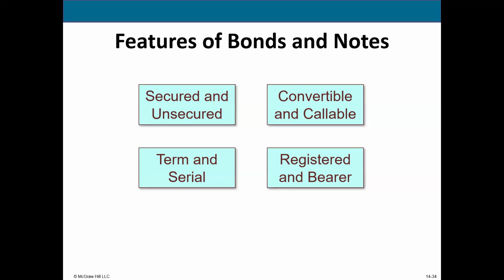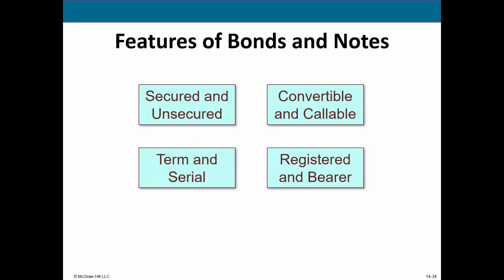And bonds and notes can be registered or what we call bearer. Bonds issued in the names and addresses of their holders are called registered bonds. They're sitting on a register, they're registered somewhere. The issuer of the bond makes the payments to the bondholder.